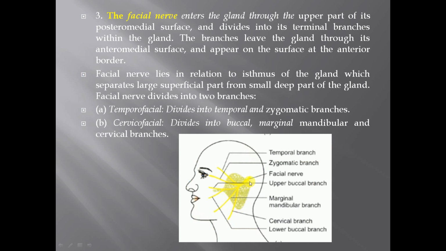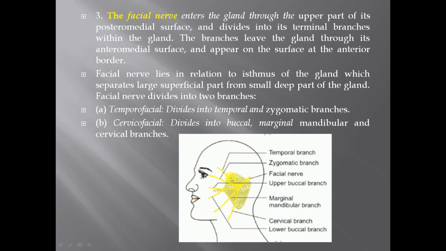So I repeat, the facial nerve enters the gland through the upper part of the posteromedial surface, and after this it divides into the terminal branches, and all the terminal branches leave the gland through the anteromedial surface.